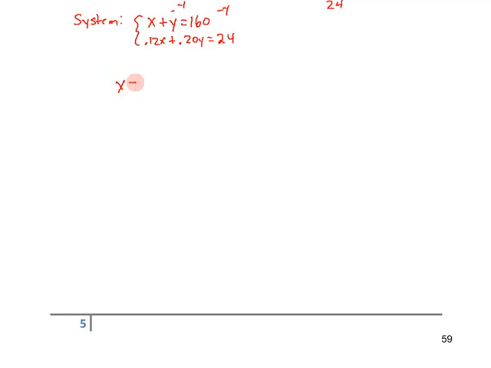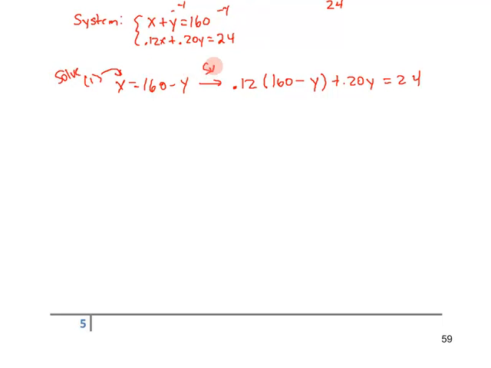I end up with x is equal to 160 minus y. Substitute that in. I get 0.12 times 160 minus y plus 0.20y equals 24. Again, all I did was solve equation 1 for x, and then I substituted into equation 2 to get this thing.